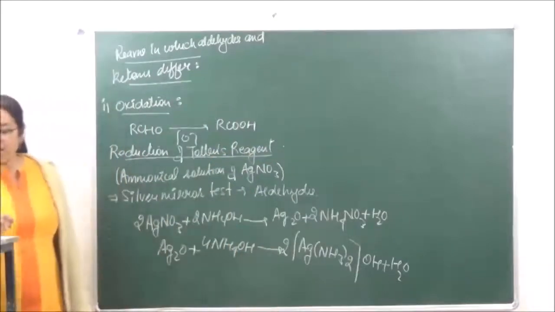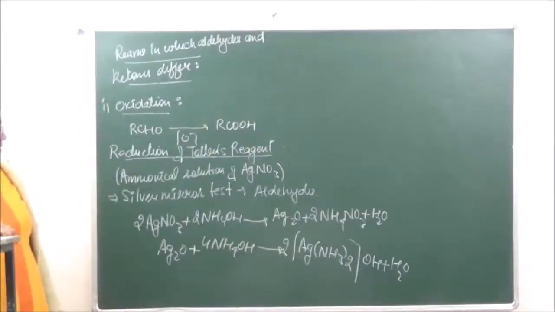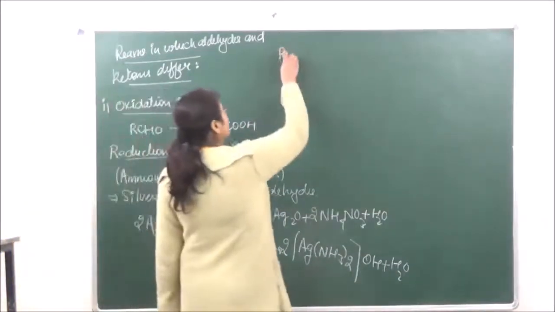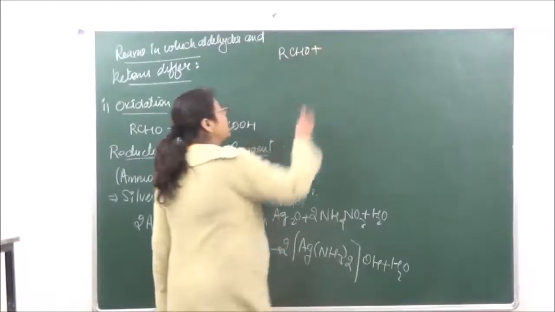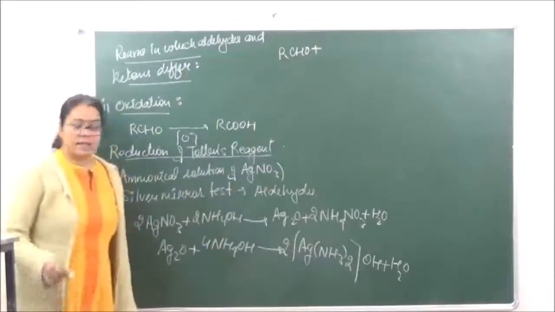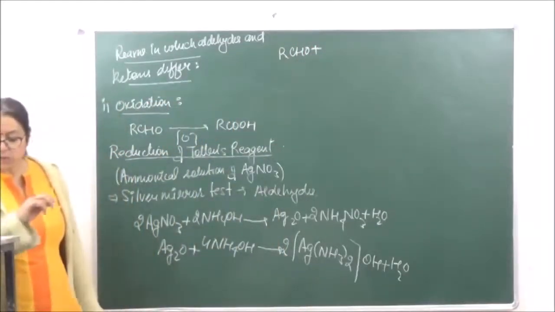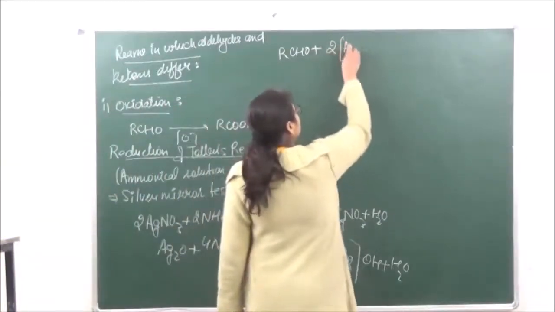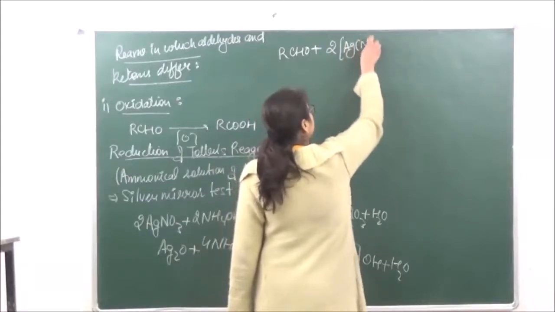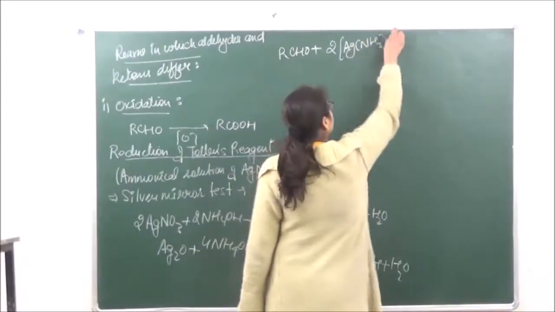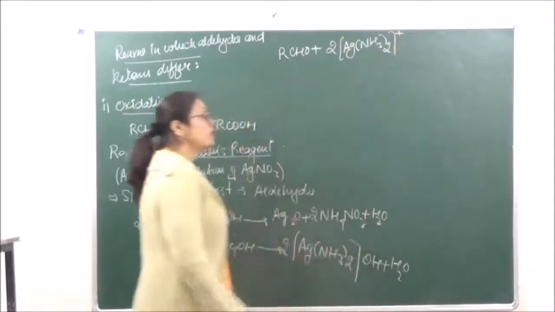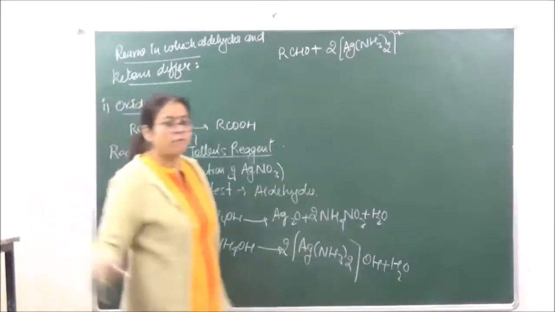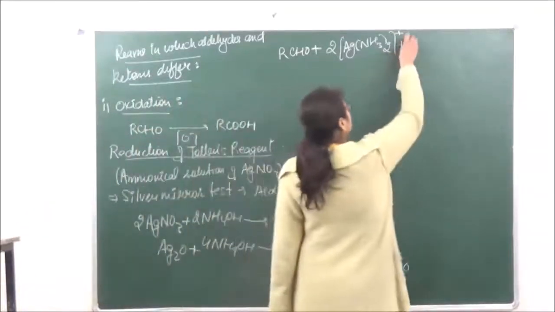Okay, so if we take the ionic reaction of Tollens reagent with an aldehyde, let's see what we get. We take an aldehyde as a sample, RCHO, and react it with the complex solution of silver, in the presence of alkaline media.